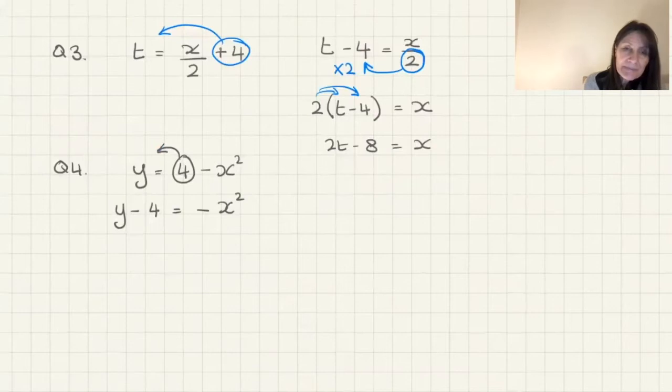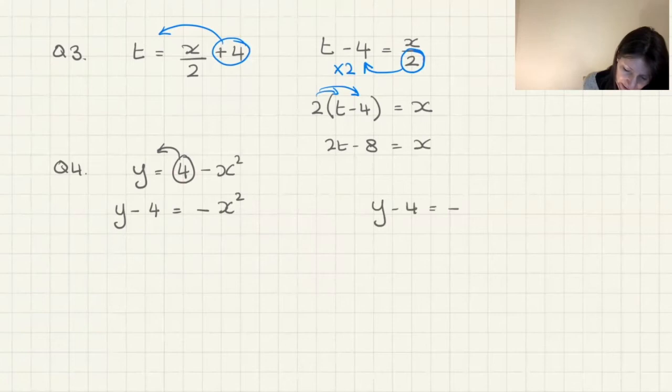Okay. Now, this is where it's not as easy to see what's going on. So what I'm going to do is I'm just going to include the number 1, which is invisible, which we don't show. I've got 1x squared. In fact, I've got minus 1x squared.